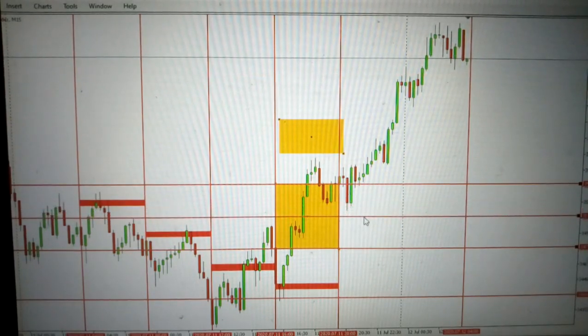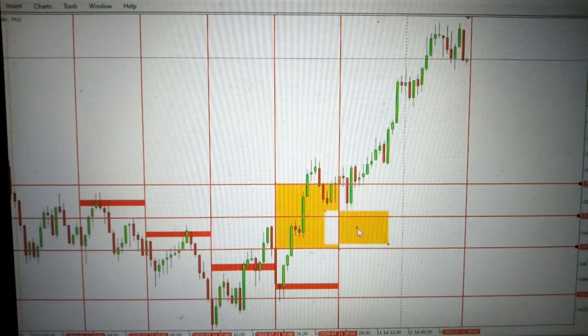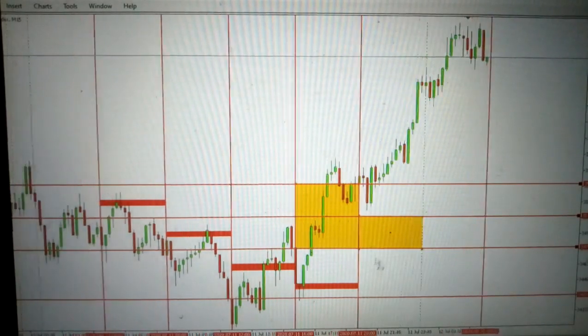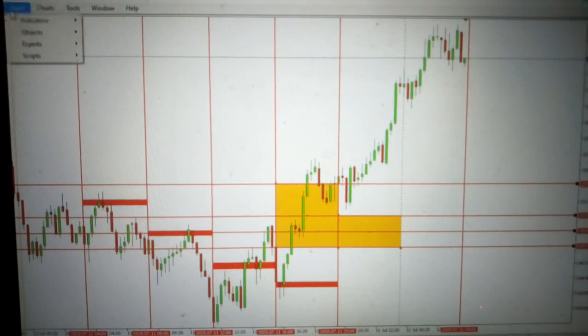Then I also expect to have another box here to map out my support around here. So I'll divide this box into two, and I'll get a rectangular shape colored in red.